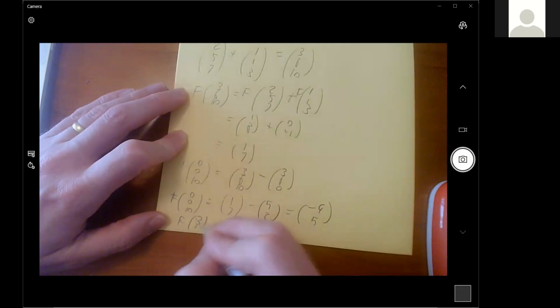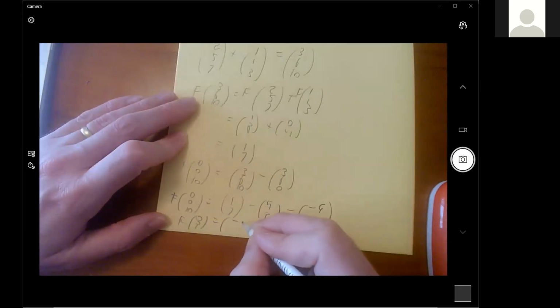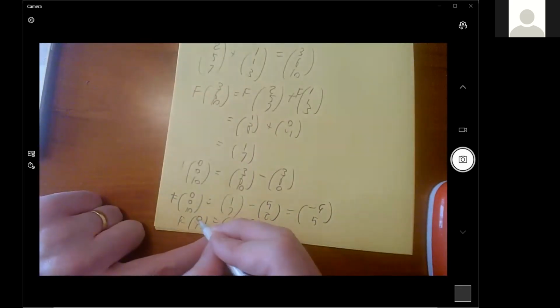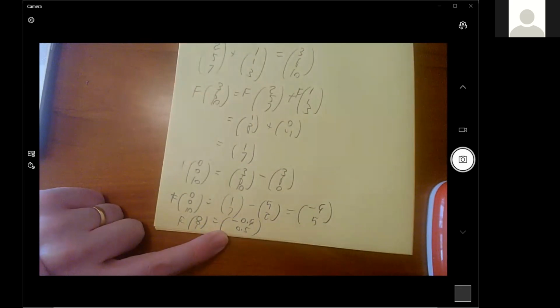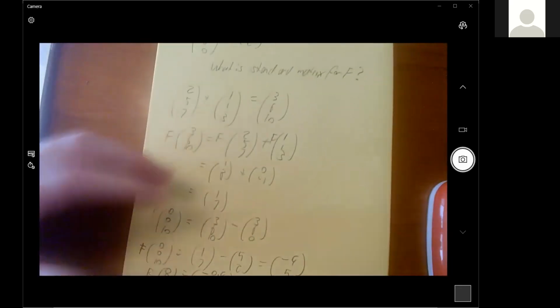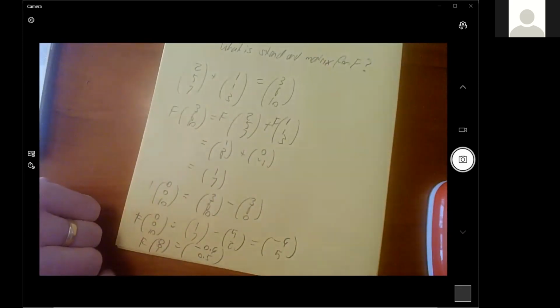And so that means that f of 0, 0, 1 should be a tenth of that, which will be minus 0.4 and 0.5. And now I have the last column of the matrix, and I could continue just trying to combine them together in those ways until I figured out all three of the columns, and that would take a long time if the vectors weren't set up nicely.